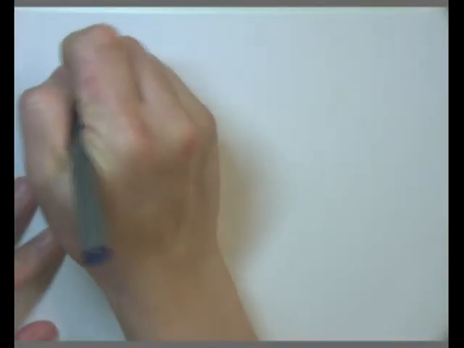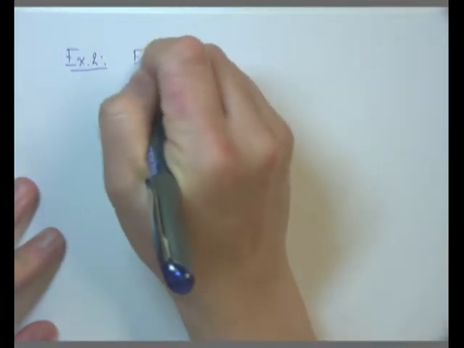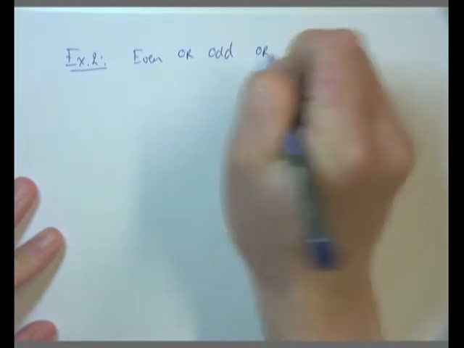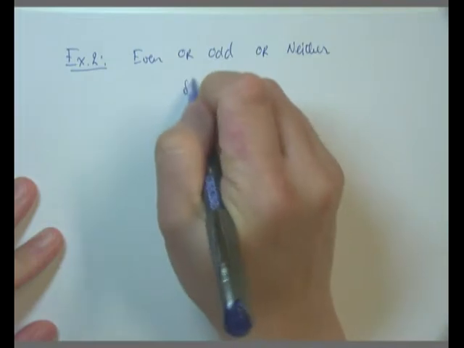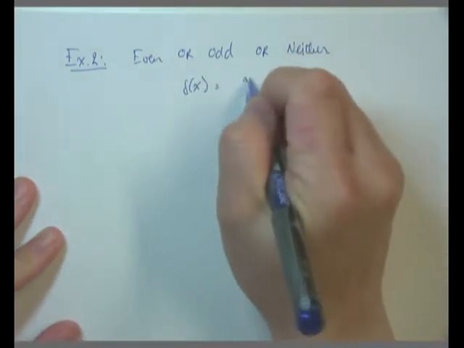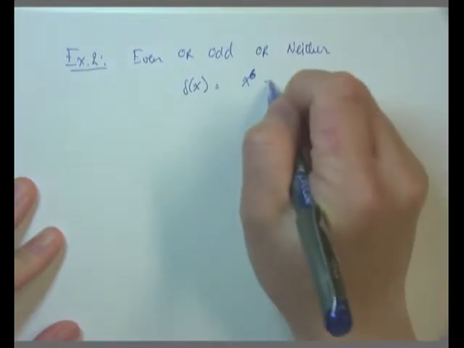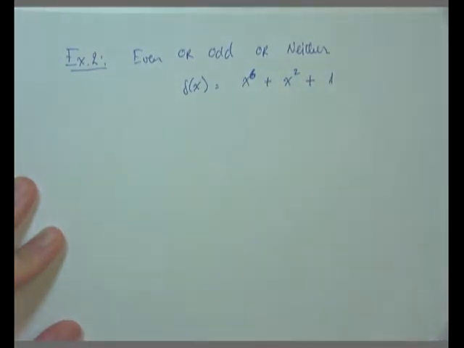Okay, so in a different example, let's look for even or odd or neither. The function that we have here is f of x equals x to the sixth plus x squared plus 1.